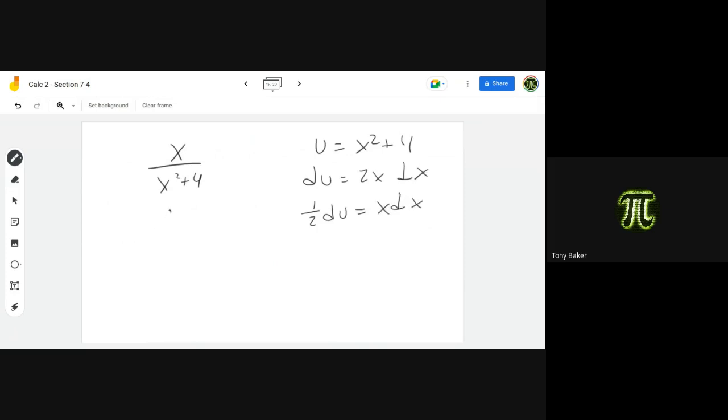So I have 1/2 over u. Yeah, exactly. So I have 1/2 ln of u. So 1/2 ln of x squared plus 4.